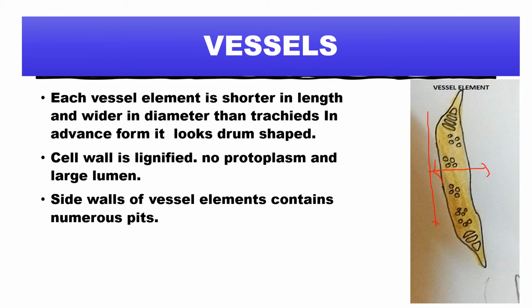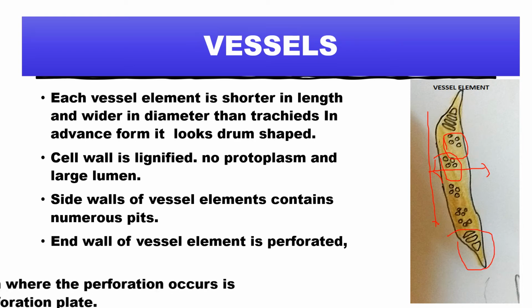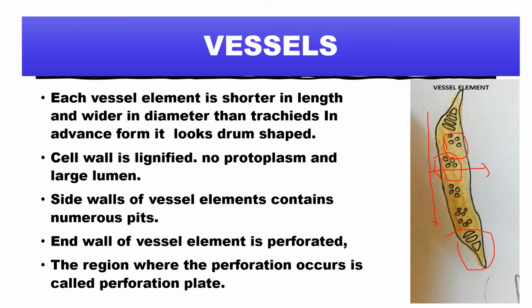The side wall of the vessel has lots of pores or pits, whereas the end wall of each vessel is perforated. The region where we find the perforation in the end wall is called the perforation plate.